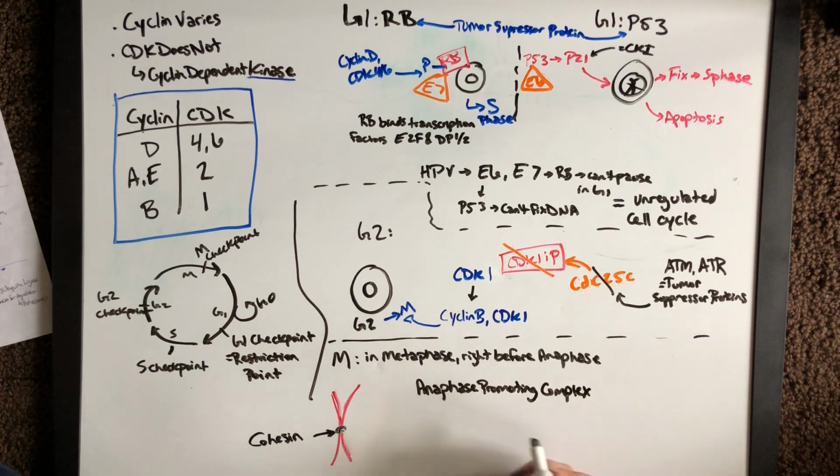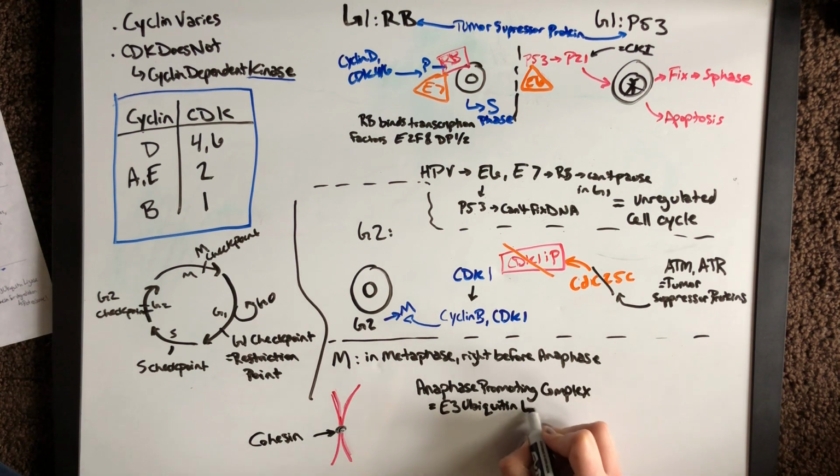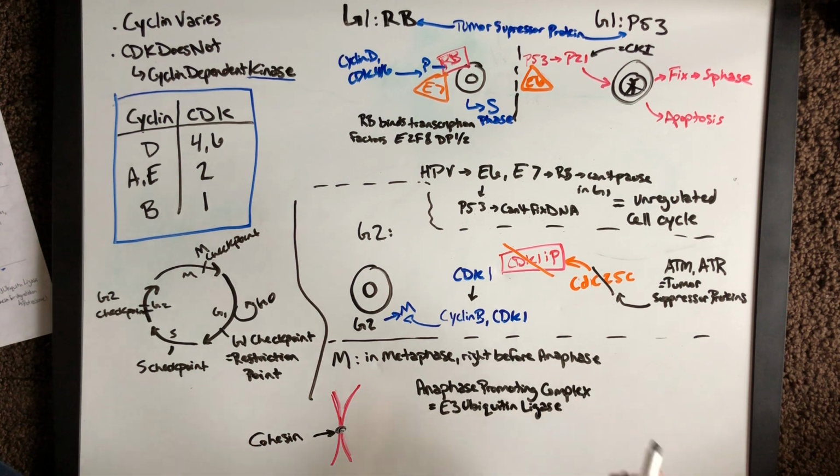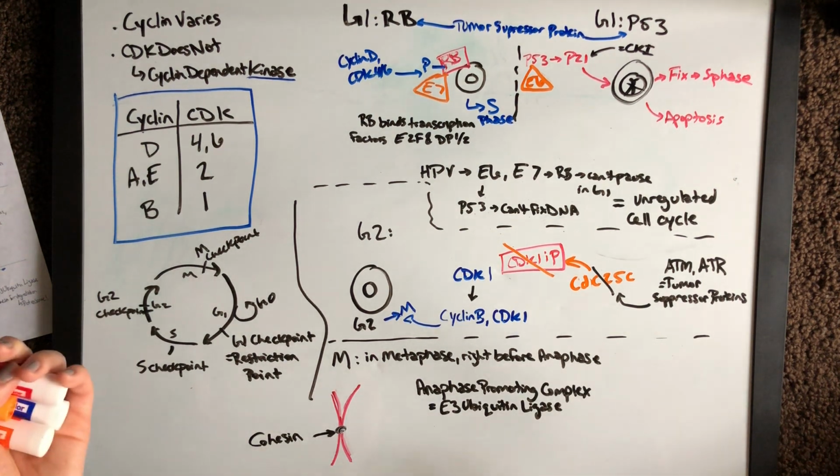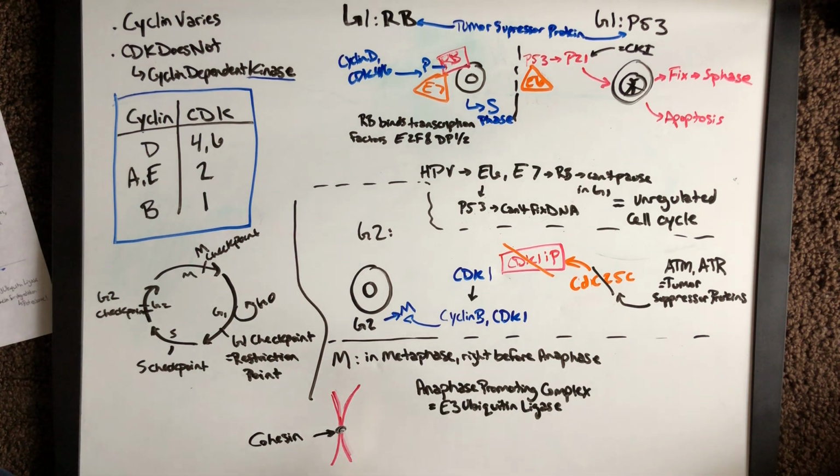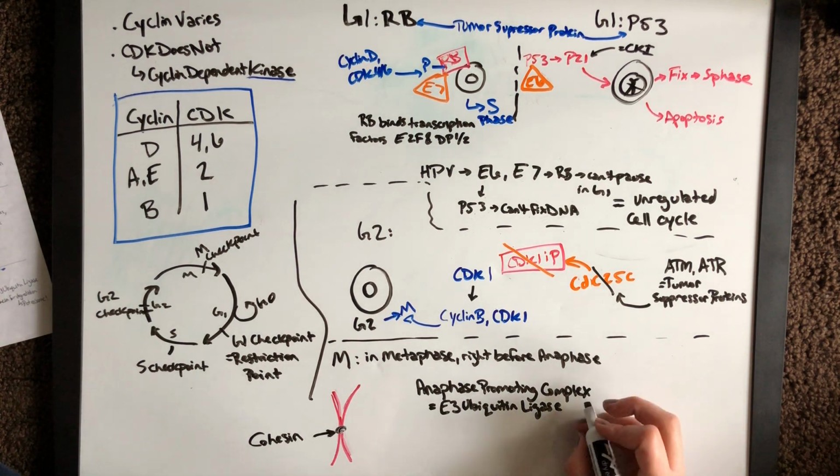So another word for anaphase promoting complex is E3 ubiquitin ligase. So if you remember, our E3 ubiquitin ligase was an enzyme that targets proteins with ubiquitin and targets proteins for degradation with a proteasome. So it's all coming together now. Proteasomes degrade proteins that we no longer need.